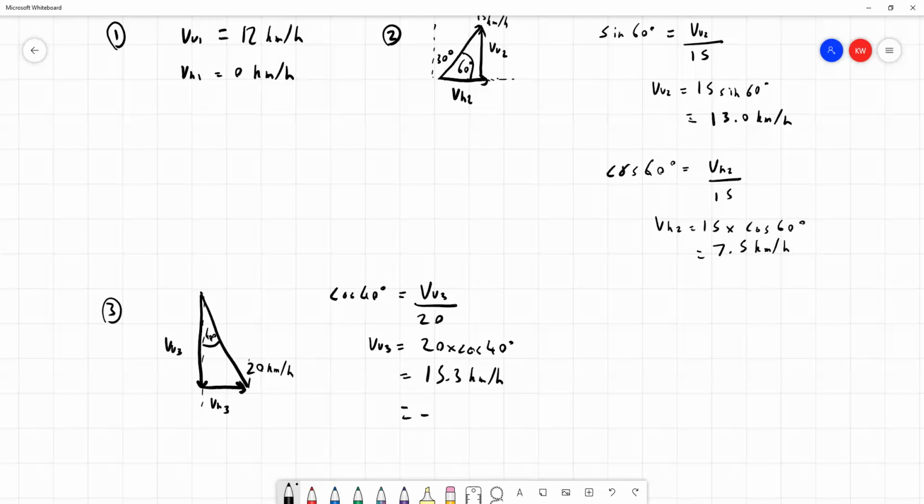We could say this is equal to negative 15.3 kilometers per hour. Or you might prefer north and south. Let's stick with the negative though. So we should state this like this. We're not saying 15.3 equal to minus 15.3. We're saying this vector specifically is negative because it's heading down the way in our diagram.